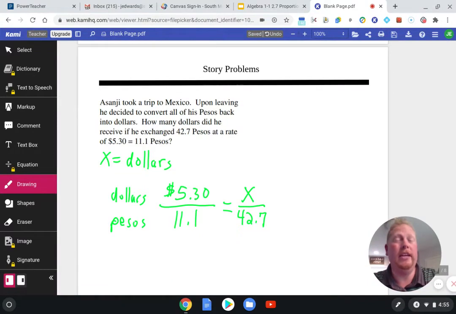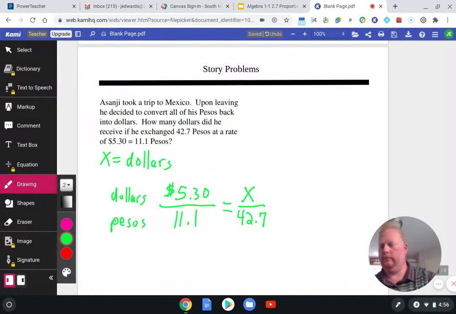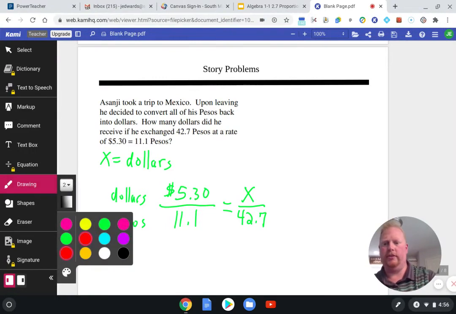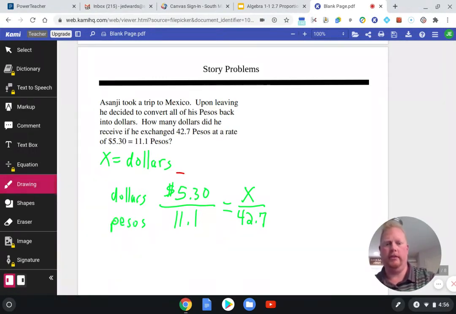Okay, so typically they'll give you some sort of rate, some sort of common exchange. In this case, dollars to pesos. So always set that up first, and then go ahead and follow that exact same pattern for your second fraction. So let's go ahead and solve this. Let's start cross multiplying.